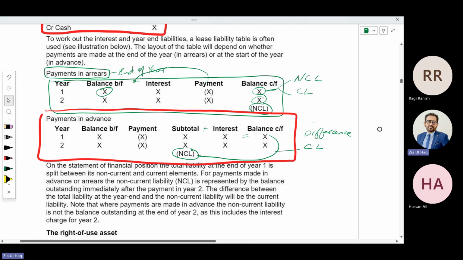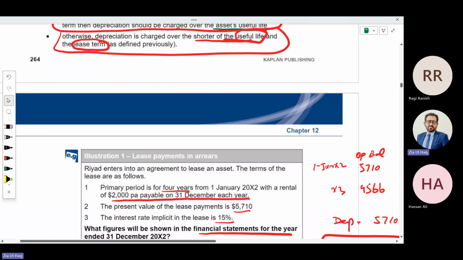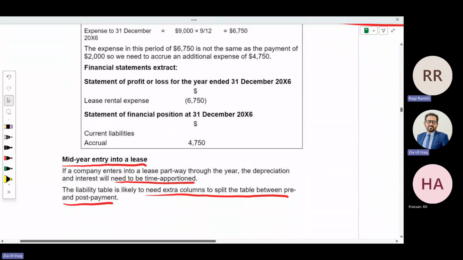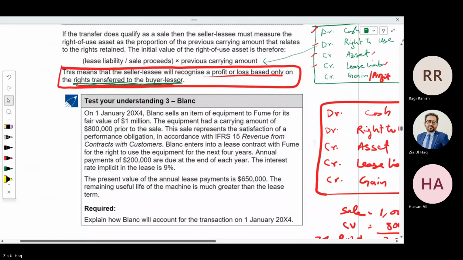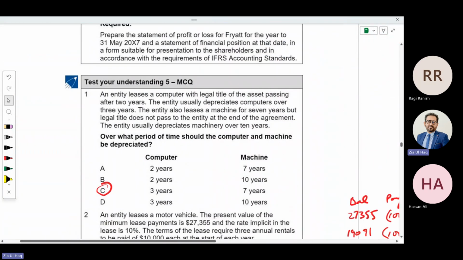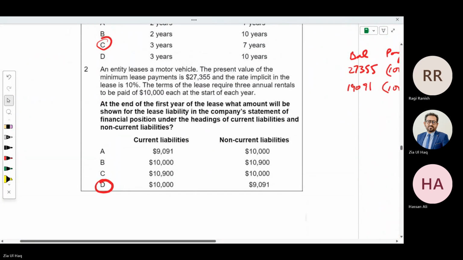But in case of start-of-year payments, this will be non-current liability, and the difference between these two amounts will be current liability. Is that clear? Yes. Option A, option C, option B.